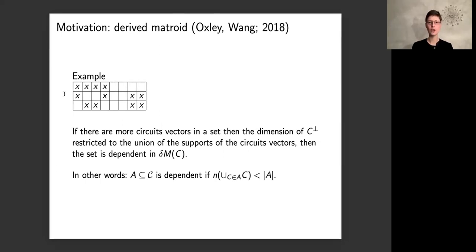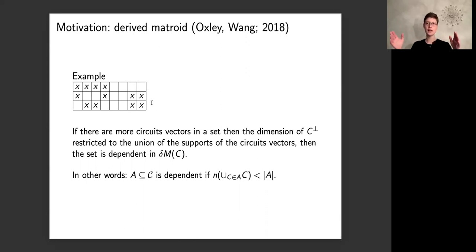So here's an example of some circuit vectors I have, and I have crossed out where they have their support. And now I'm going to ask myself, is this thing going to be dependent or not? We're not really sure, but we do know that the rank of the space these circuit vectors span can never be higher than the dimension of the space spanned by all the vectors whose support is contained in some column that has a cross here as well.